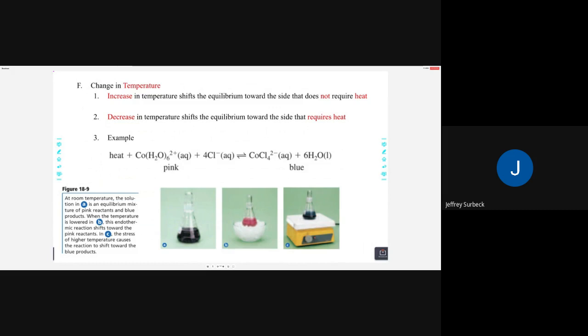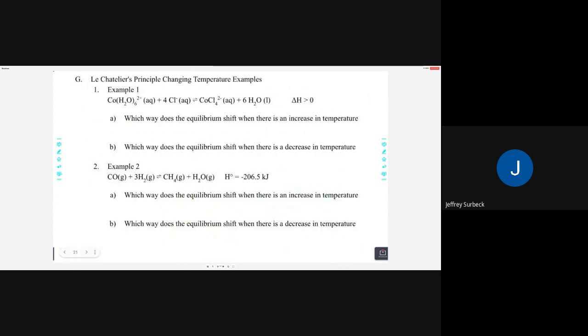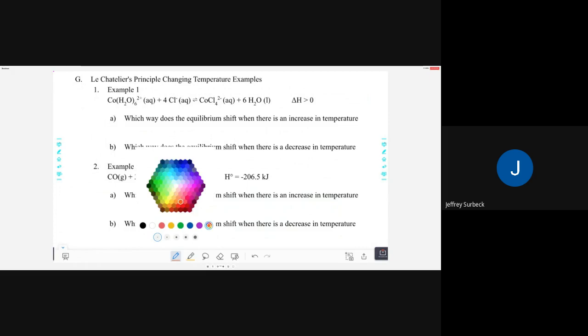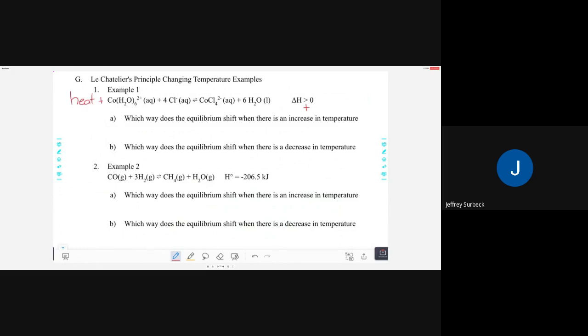So let's go through two examples, all right? First example here, it says delta H is bigger than 0. What that means is that delta H is positive. So where is heat? Is it on the left-hand or the right-hand side? Left, because we had to put heat into it. Very good. So heat, we add it to our left-hand side.